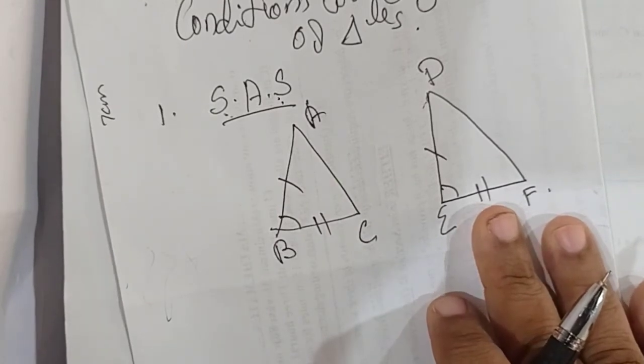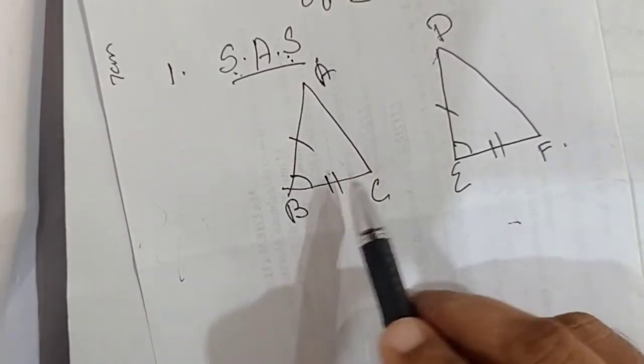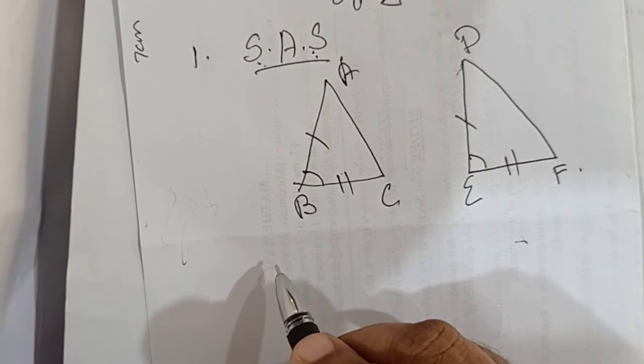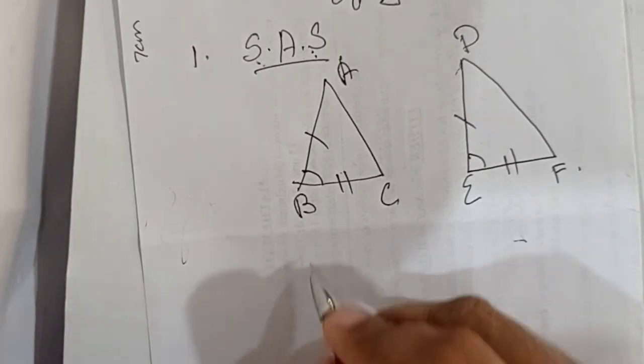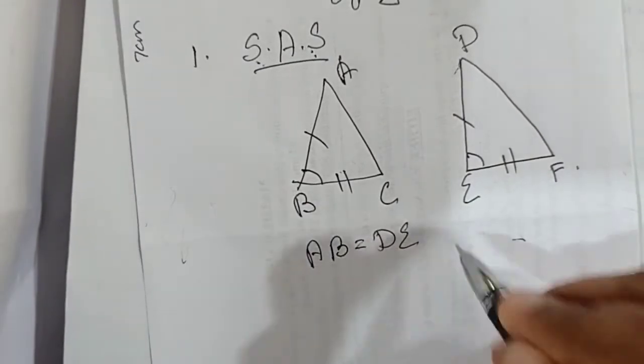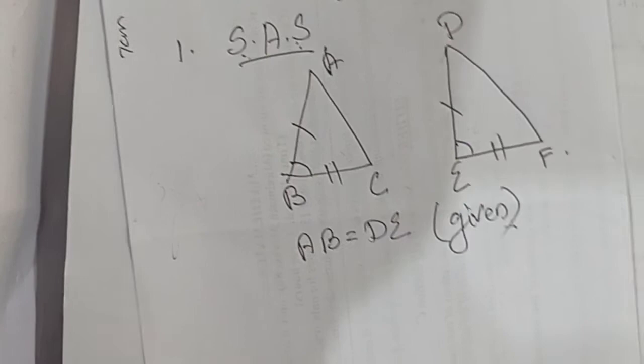Then, can you prove these two triangles are congruent? Very simple. From the figure itself, AB is equal to DE. What is the reason? That is given in the question itself.